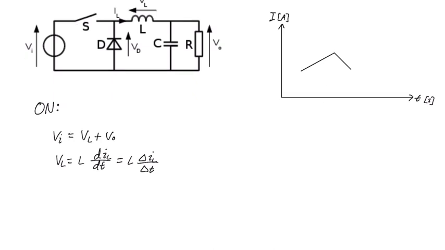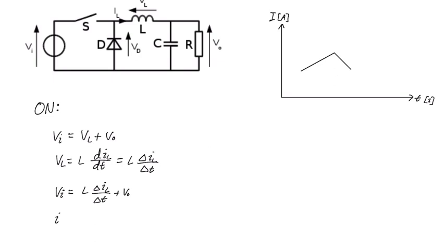So we need to find the change of current when it's on to compare it to the change of current when it's off, right? So we just put in this expression. So VI is equal to L times the change of current over the change of time, plus VO.